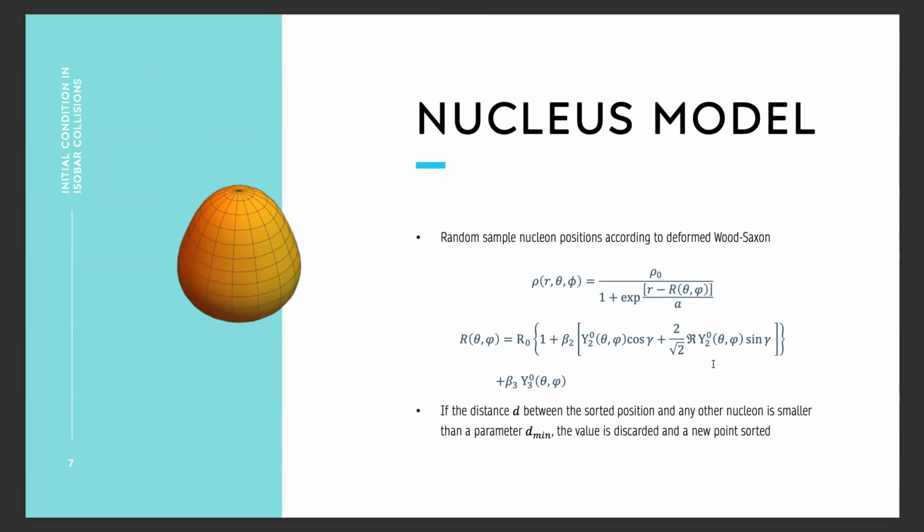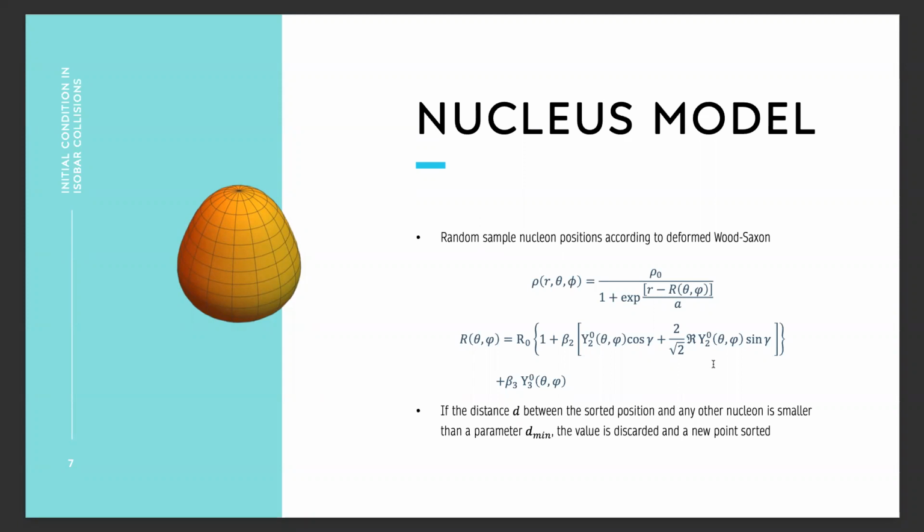What we do for the nuclei, I'm from the heavy-ion community, so I did just the most elementary thing. I don't believe that's the most advanced thing that one could do. That is just what everyone does. We have defined Woods-Saxons with the quadrupole and octupole deformations, the triaxial parameter, and we sample nuclear positions according to this distribution.